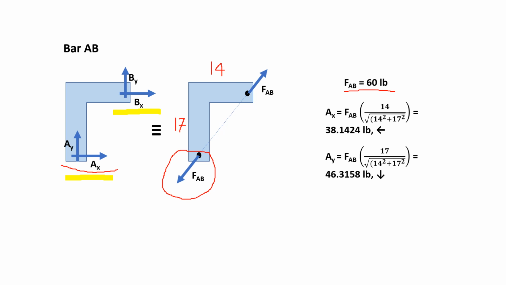So the X component of AB is equal to AX and the Y component of AB is equal to AY. But since there's no mention in the problem if FAB is tensile or compressive, we assumed FAB to be tensile here, going away from the point. Then AX would be to the left, AY would be downwards.